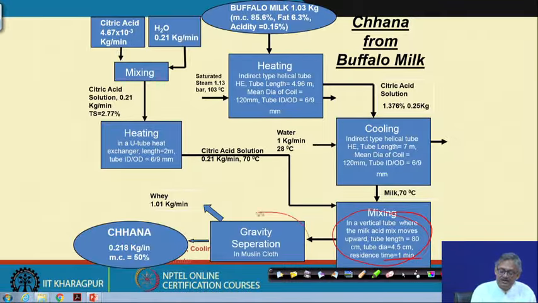So there, by gravity separation in a muslin cloth, they are separated, and we get that chana to the tune of 0.218 kg per minute, having a moisture content of 50%.